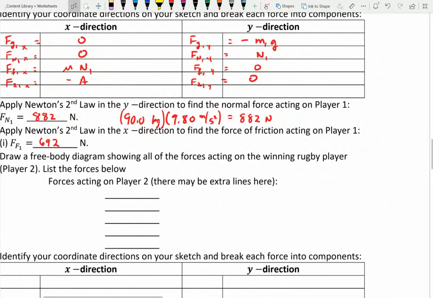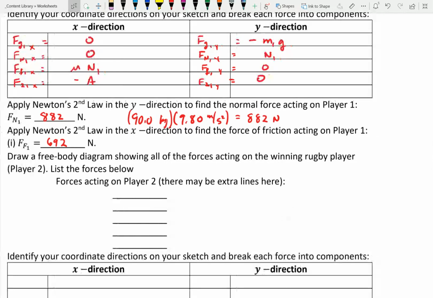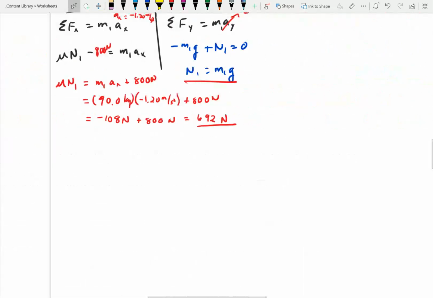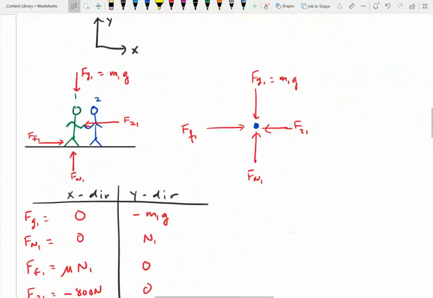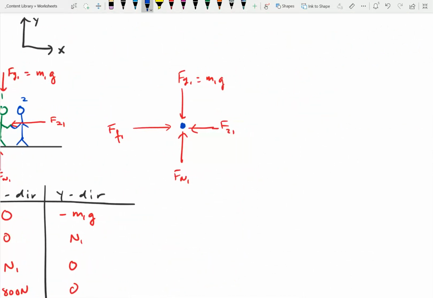Now we're going on to looking at a free body diagram for player 2. So for player 2, we're going to draw a free body diagram on them and do the same work. I'm not going to draw player 1 in this diagram, I'm just going to draw player 2.